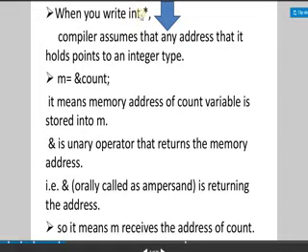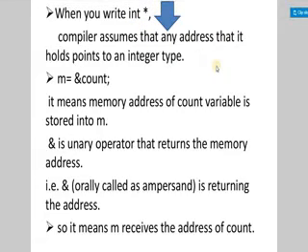When we write an integer pointer with a variable name, what does this integer pointer mean? From this declaration the compiler can assume that this pointer variable holds an address that points to integer type data.